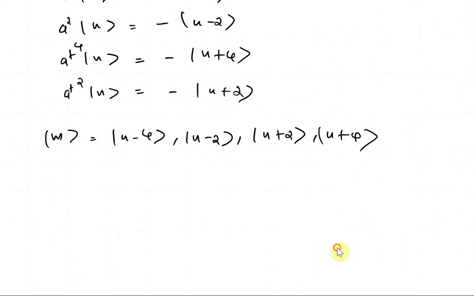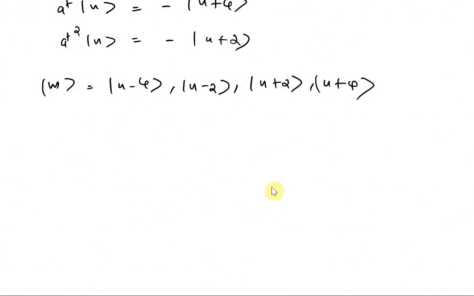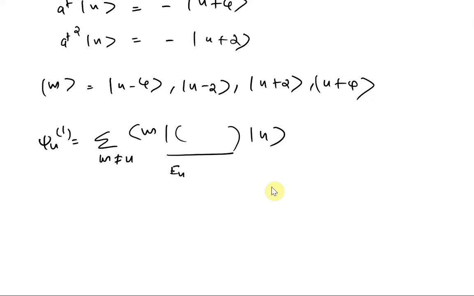So to identify that, let me write this term: psi n1 is equal to the sigma over m not equal to n of whatever is there inside that, divided by en0 minus em0, into phi m, or just m. Okay.